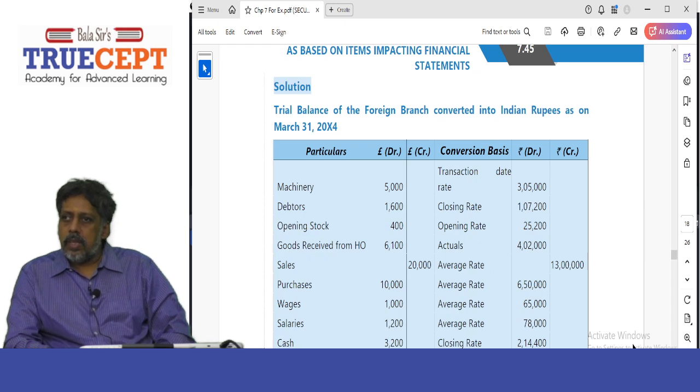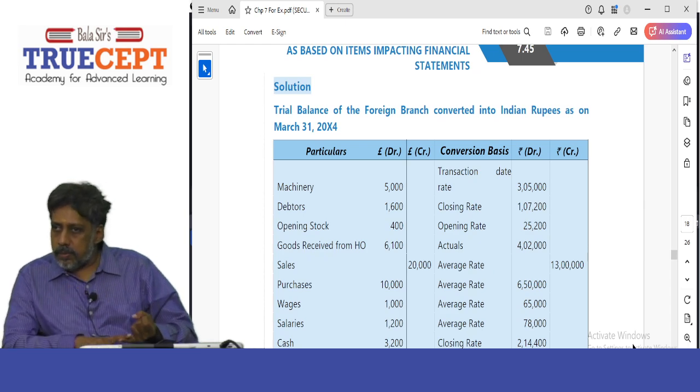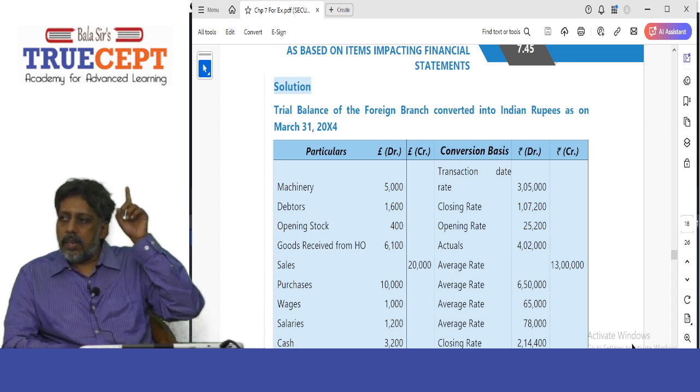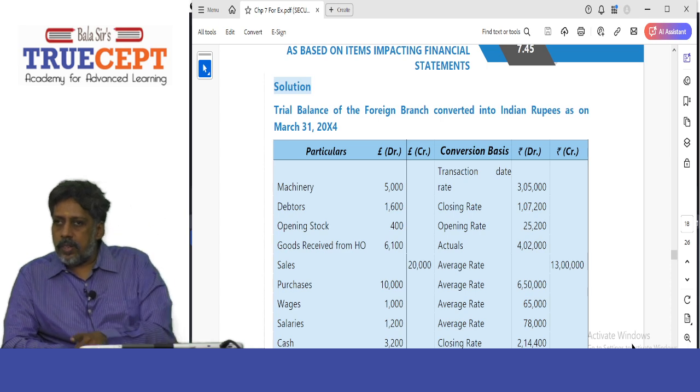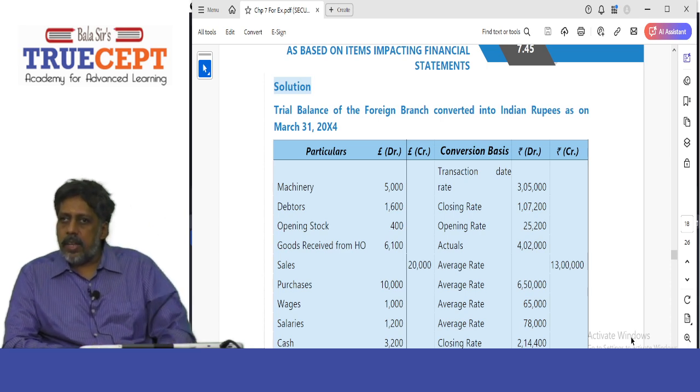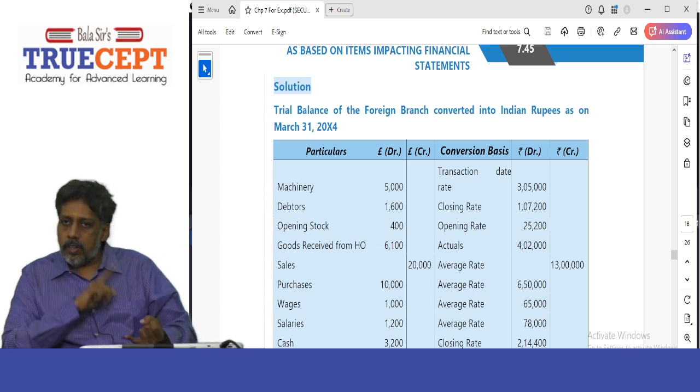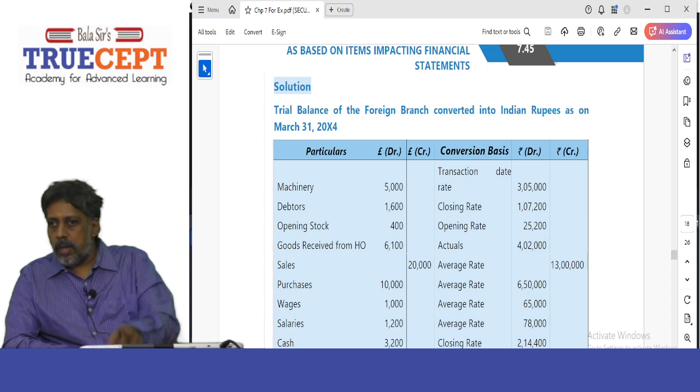Where you have been asked to convert pounds into rupees and nothing is specified in the question, going by the data it is very clear that the branch depends on the head office for the goods. The branch receives the goods from the head office.